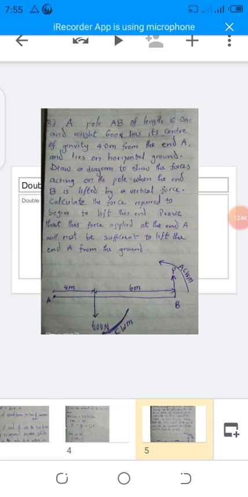It requires a certain amount of force to be lifted from point B. That force is what we want to calculate. Then the question asks us to prove that if the force we used at point B is applied at point A of this pole, it will not be sufficient to raise that end. So we'll go and find out.